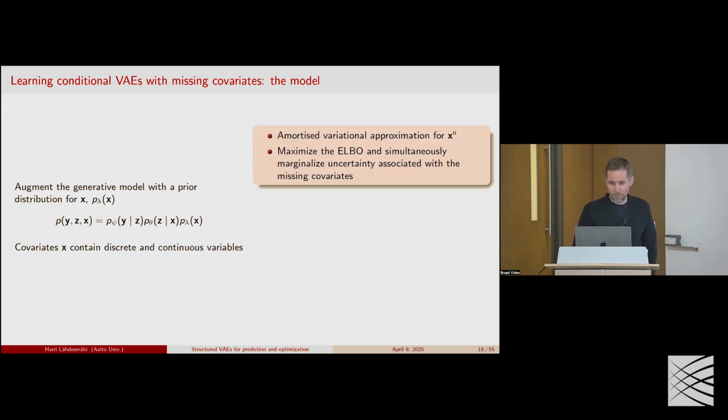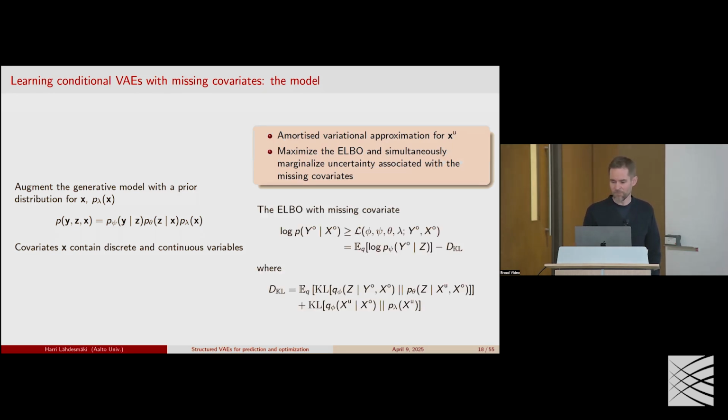And I will not go into details, but the concept is quite simple. So we extend the amortized variational approximation also for the unobserved covariates X. And then we maximize the evidence lower bound such that we simultaneously marginalize out any uncertainty in these unobserved covariates.